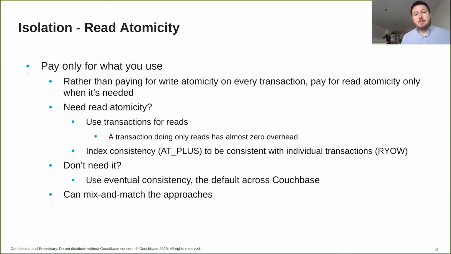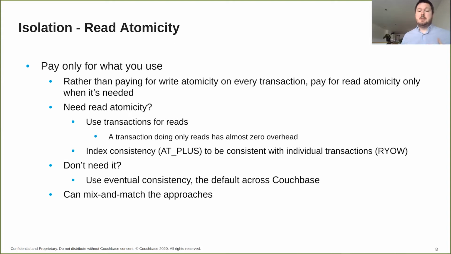Rather than having to pay for write atomicity on every single transaction, you pay for read atomicity only when you actually need it. So if you do need read atomicity, you use transactions for reads. And if your transaction is only doing reads, it has almost zero overhead over a simple key value read.